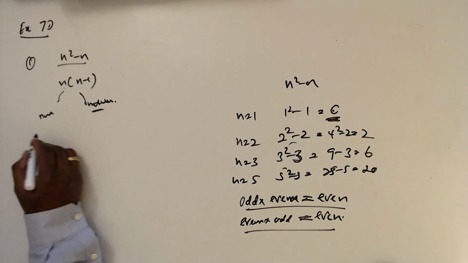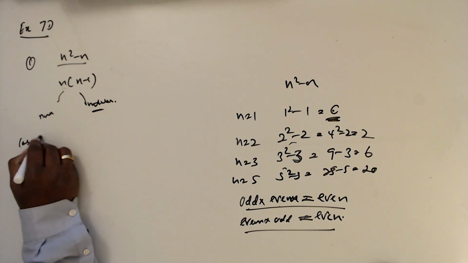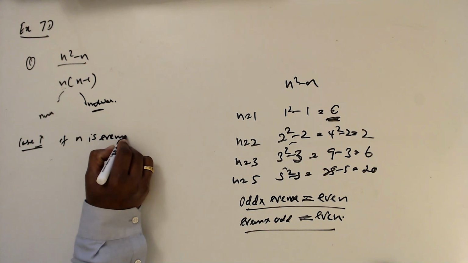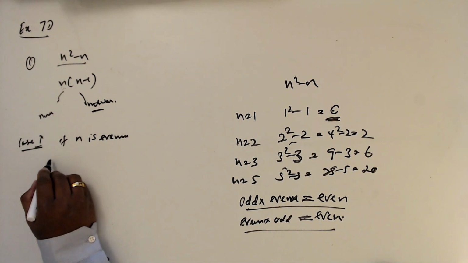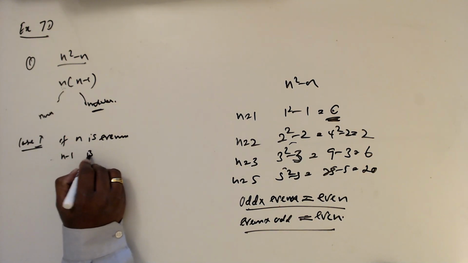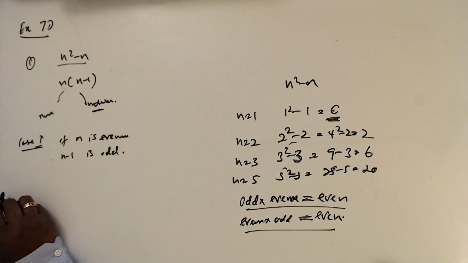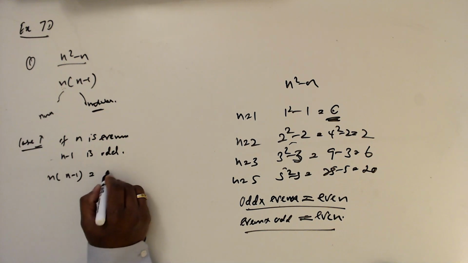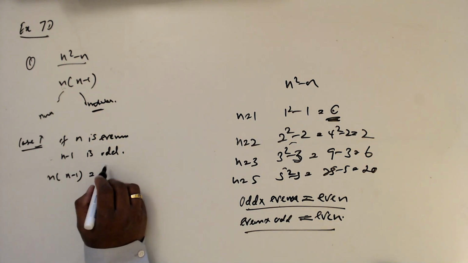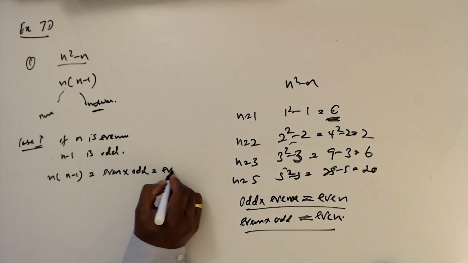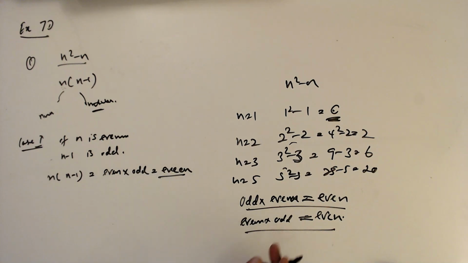Case 1: if n is even, then n minus 1 is odd. Then n times n minus 1 is, n is even, right? Even times odd is even. Already we know with the axioms, I mean the basics.